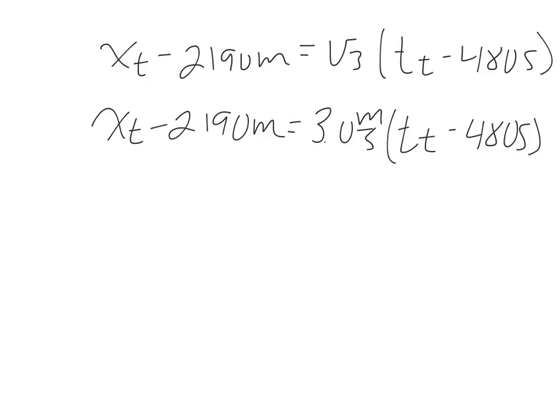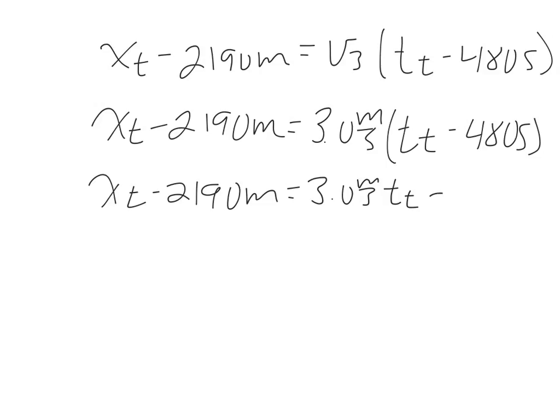I'm going to distribute that out. xt minus 2190 meters equals 3 meters per second total time minus 1440 meters. That meters comes from taking meters per second times seconds, canceling out to meters.